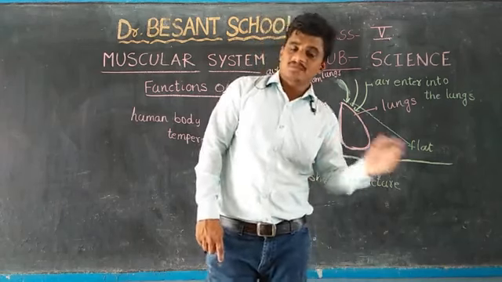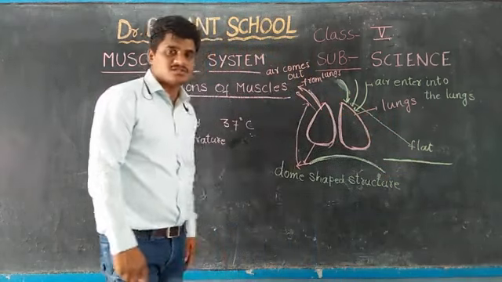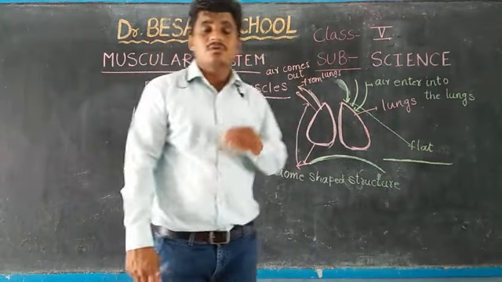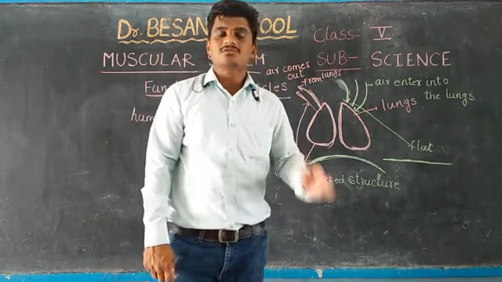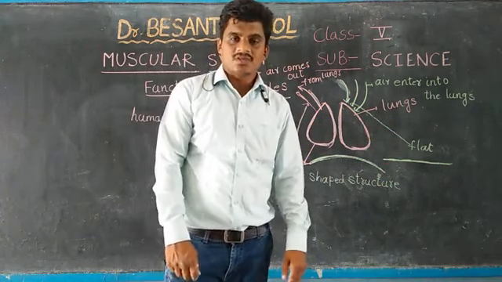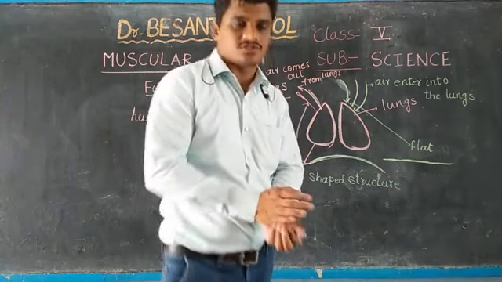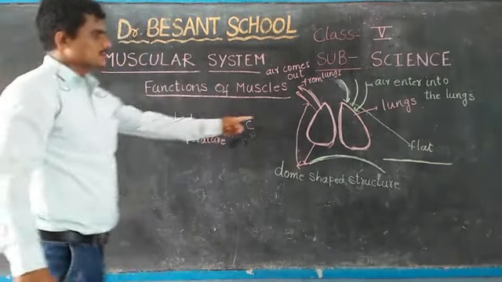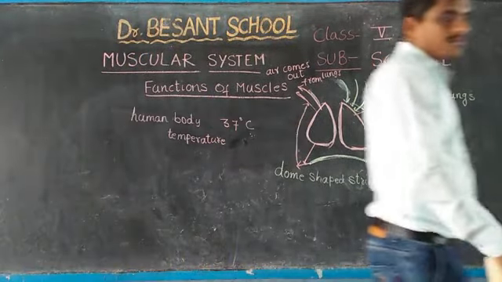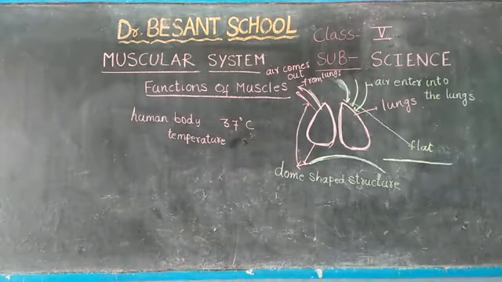Now, I explained all these functions of muscles. Now, I will write each and every point on the board. You have to note it down. It's a very, very important question. Functions of muscles. Children, note this down, draw this picture clearly, neatly, without mistakes.